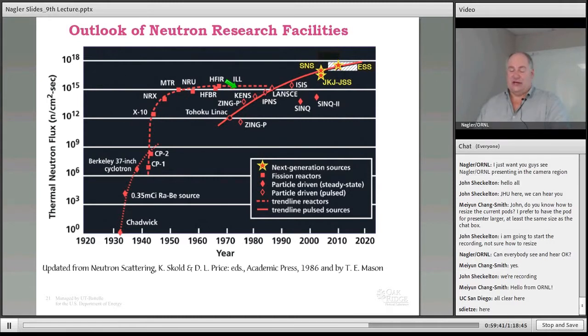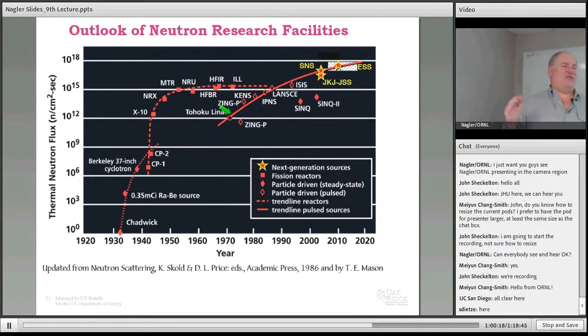Now there's another line on here, and this line shows pulse sources. You can see they're going to a much higher number. What this graph fails to tell you is that the line for reactors is the time averaged flux, and the line for the spallation sources is the peak flux. These are not comparable, right? The spallation source, at least if we take SNS, is pulsing at about 60 times a second, but with a very narrow pulse.